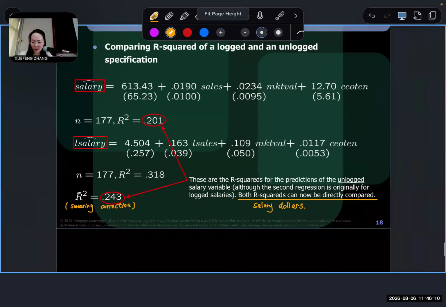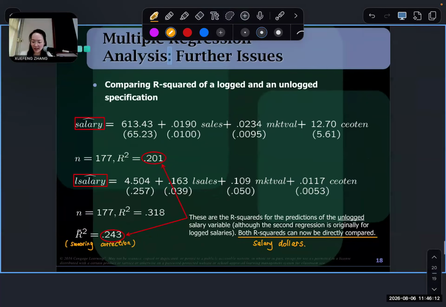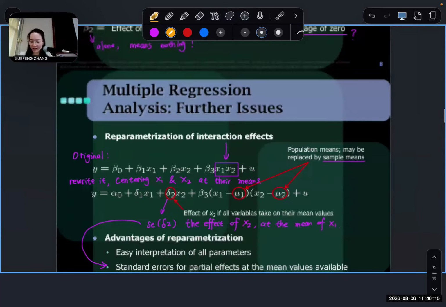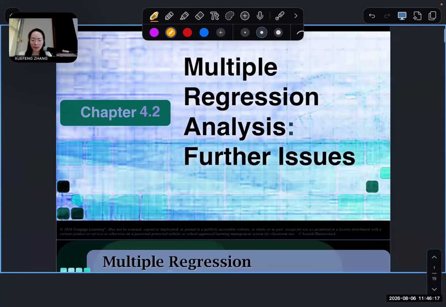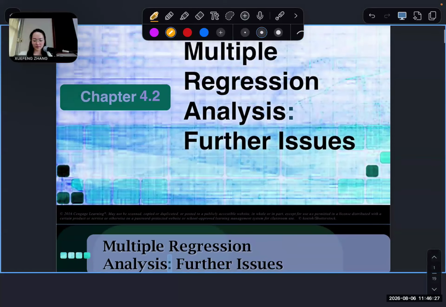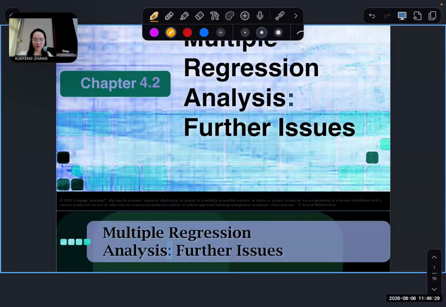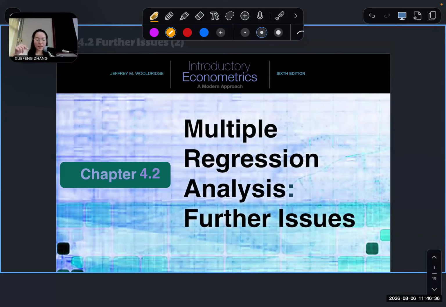Can you summarize? Can you discuss with your friends? Summarize what chapter 4.2 covers. So the midterm exam covers chapter 1 to chapter 3.